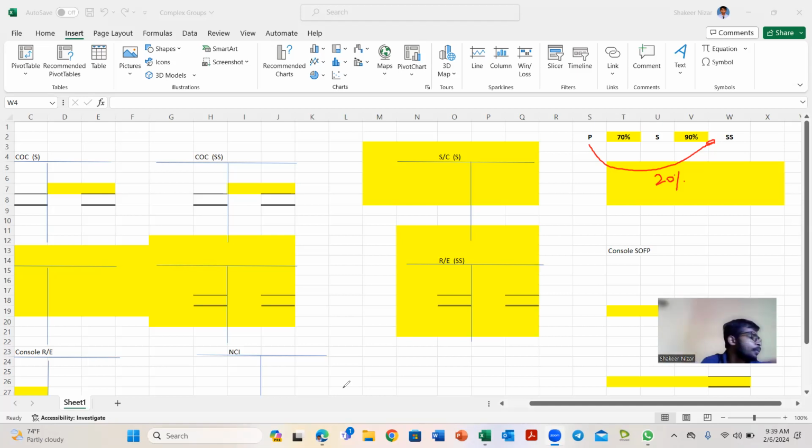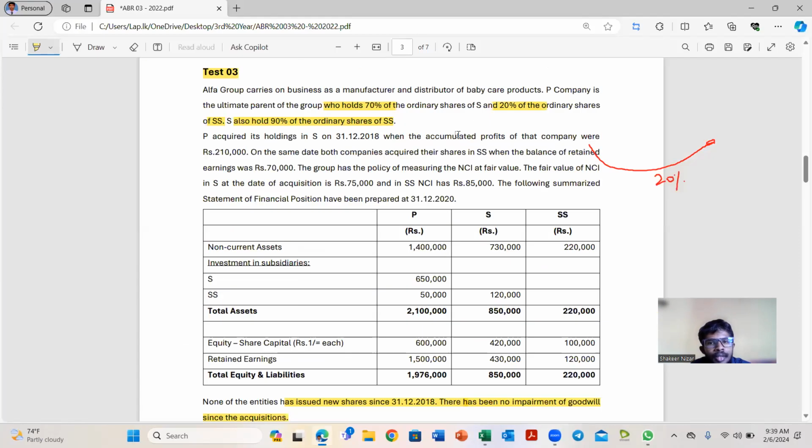Directly, they own 20% of its subsidiary. If I'm not mistaken, going back to the question, you can see 70% by the parent, 20% and 90%.